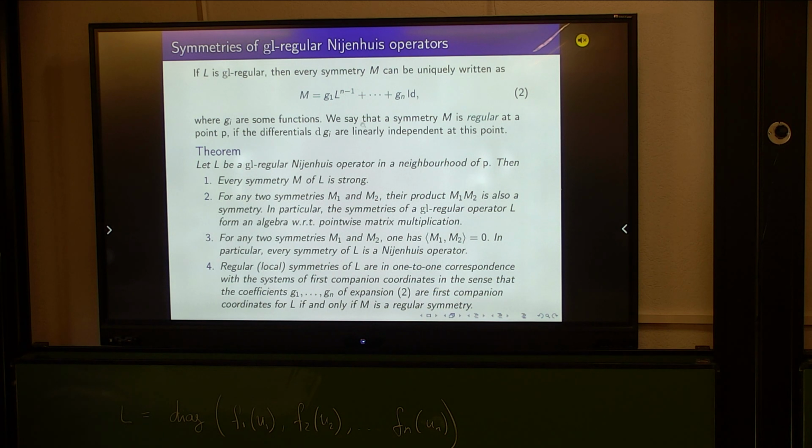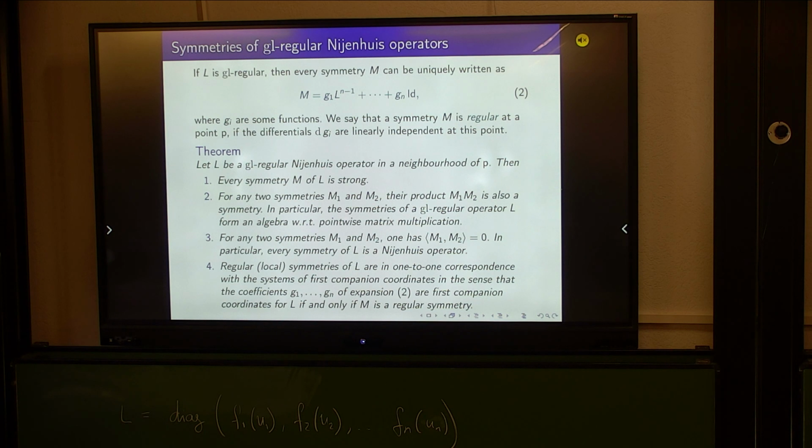Consider an arbitrary symmetry M of a GL regular operator L. Since by definition M commutes with L, M can be written as a polynomial of L with certain coefficients, and this representation is unique. So we just need to understand these functions, some conditions which guarantee that M is a symmetry.